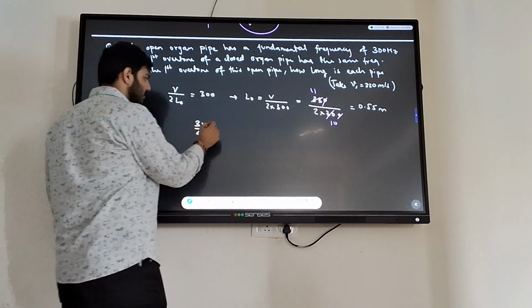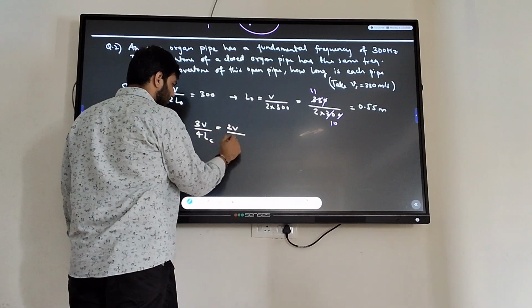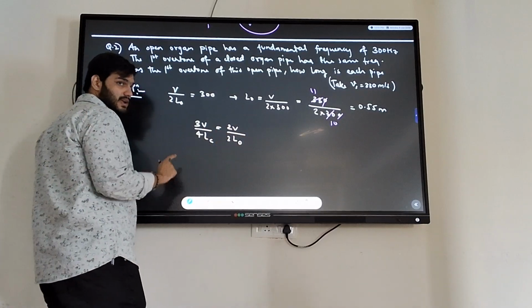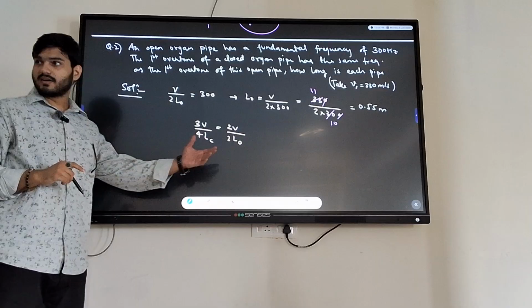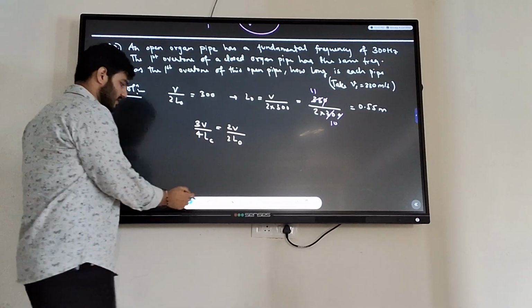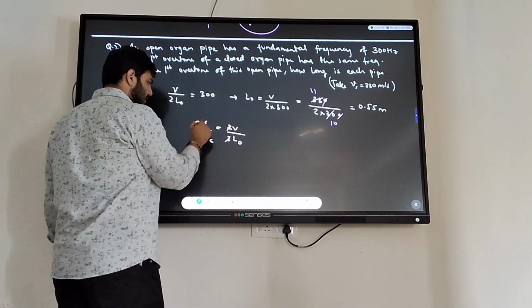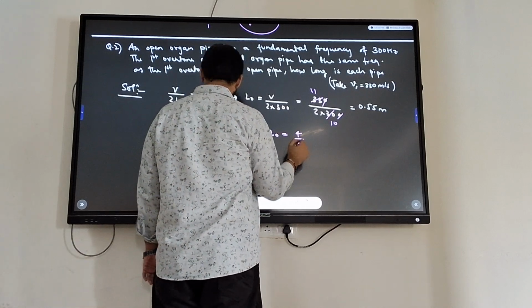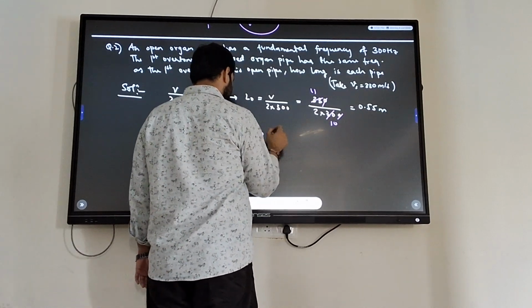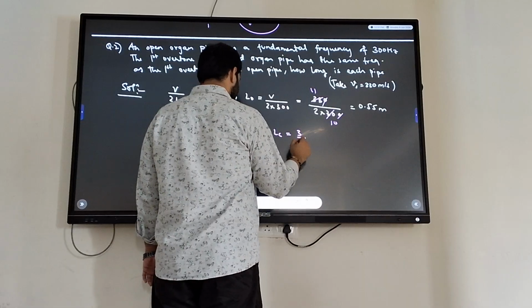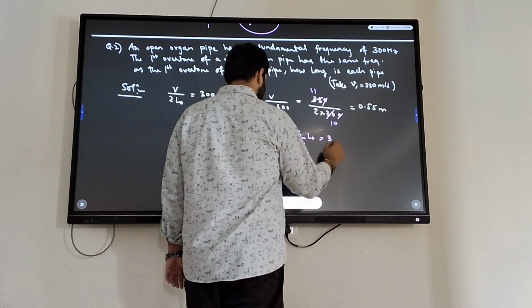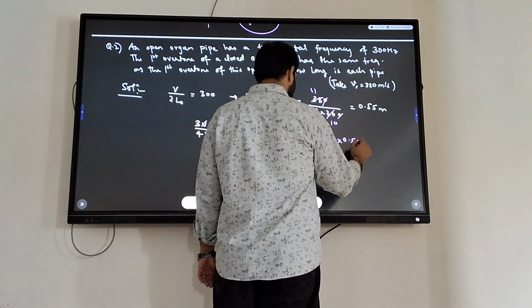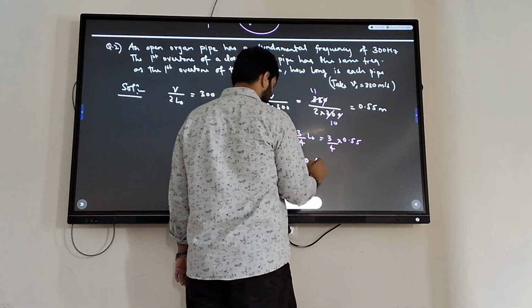It will be 2V by 2LO, right? Is it correct? Then the 2 and V cancel, so what is LC? LC is 3 by 4 LO. So multiply by 3 by 4, and the answer I think will be 0.4125.